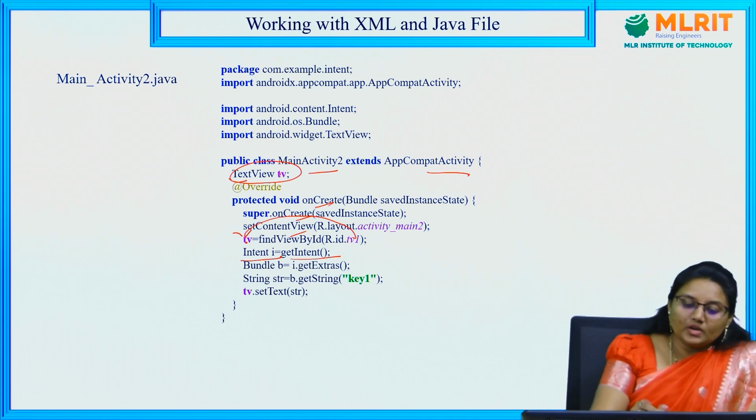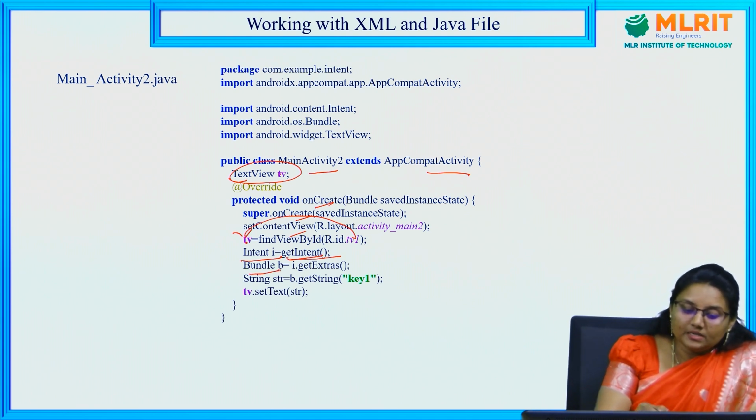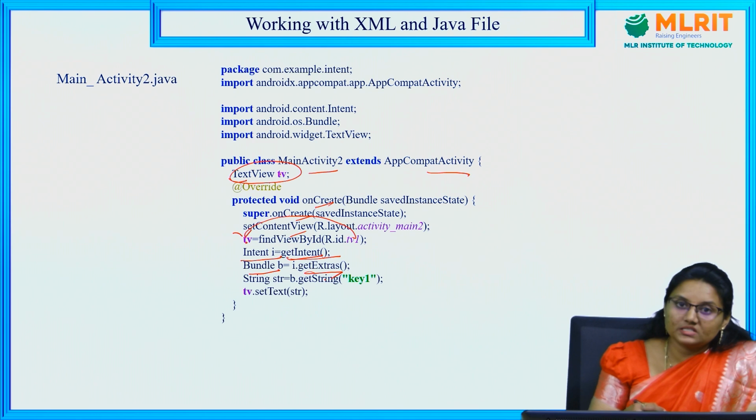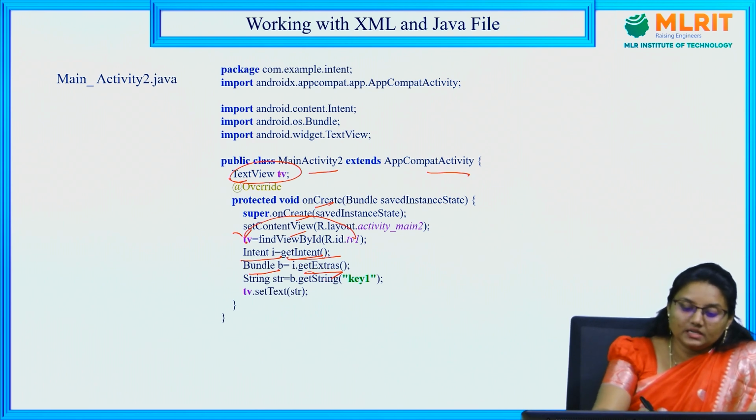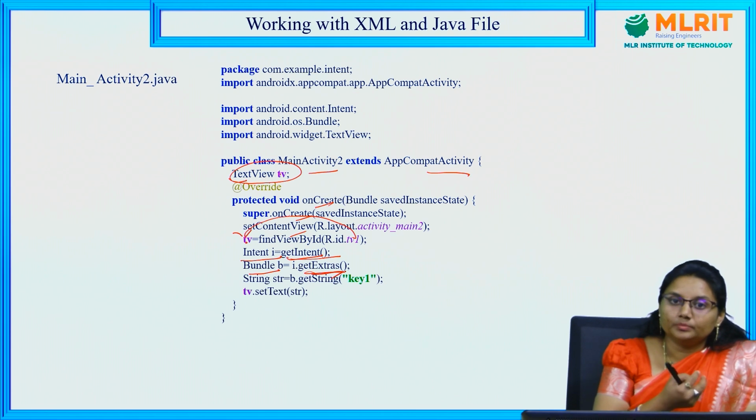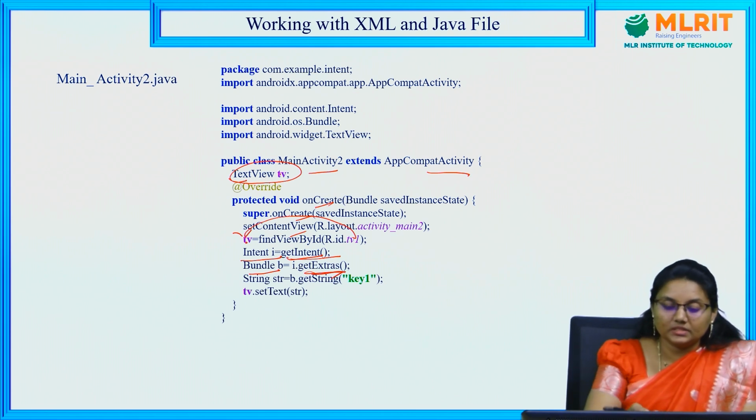So for that we use getIntent, and Bundle b equals getExtras. putExtra puts the intent information, and getExtras retrieves whatever you put with putExtra in the first intent.